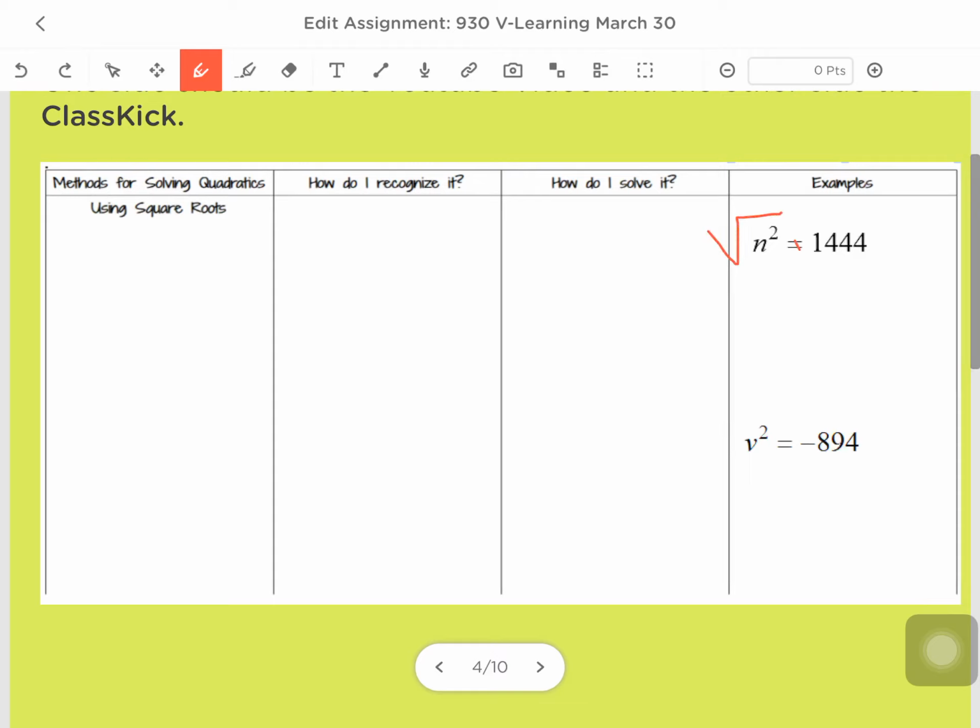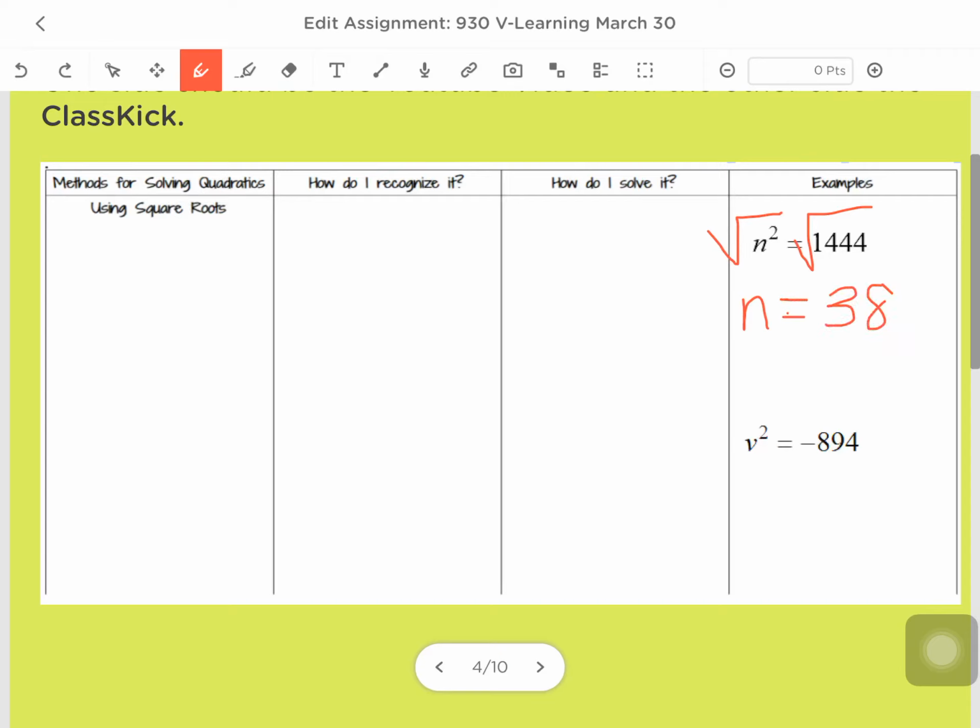So if I square root each side, the square root of 1,444, you could use Desmos to help you with this, or if you have a handheld calculator, that would probably be the best thing at this point for you to use. But the square root of 1,444 is going to be 38.